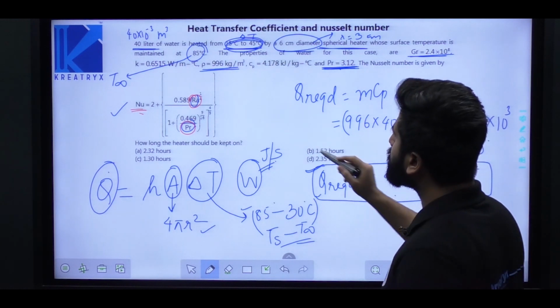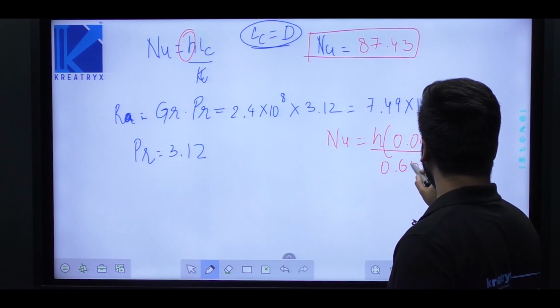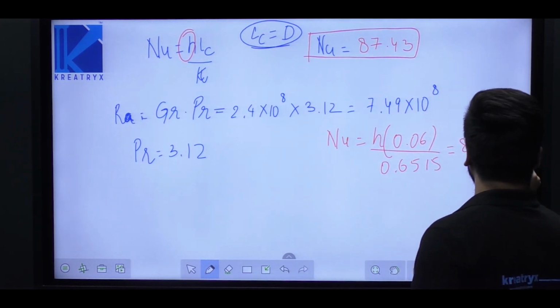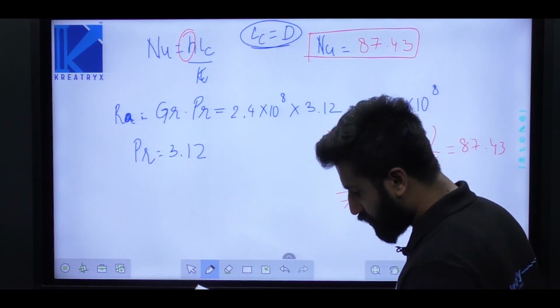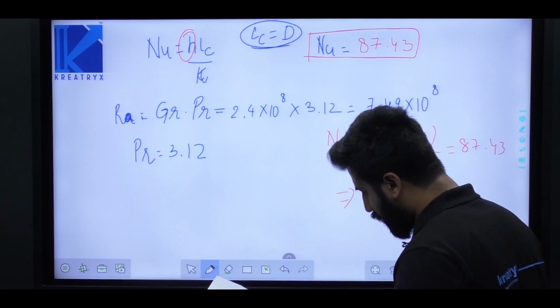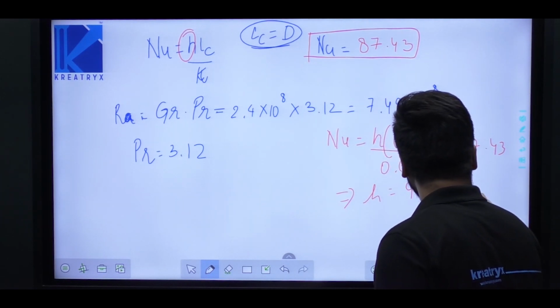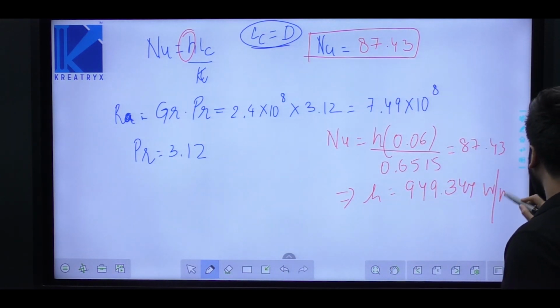And k is 0.6515. The Nusselt number is 87.43. So h comes out to be 949.344 watt per meter square Kelvin.